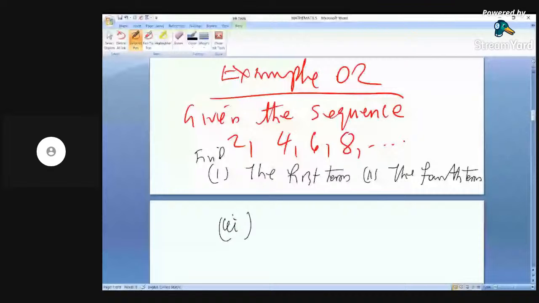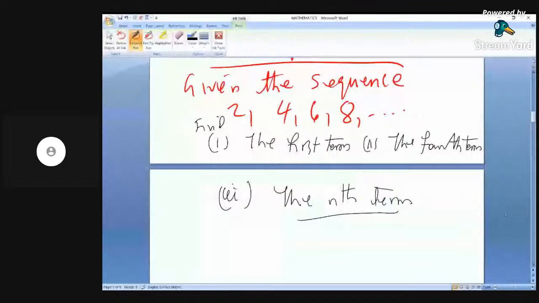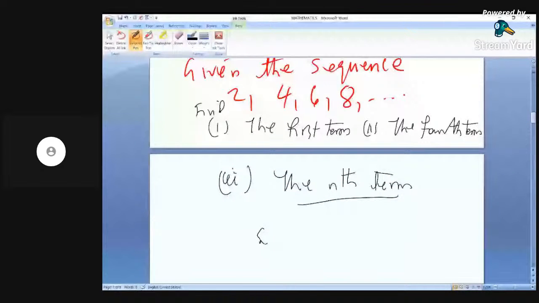So solution. Dear friends, you can see that being given this sequence, 2 is our first term. So the answer for this one is that the first term is going to be 2.